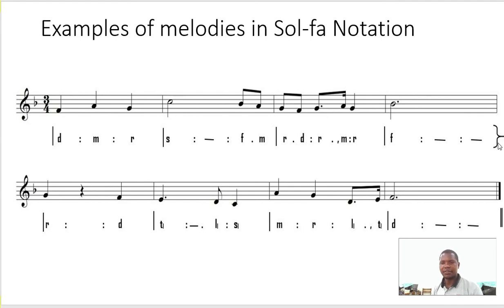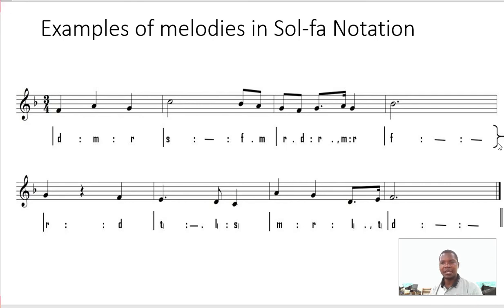Here at the end of the first line, it's a brace. This brace signifies that the music there is to be performed at the same time. The music enclosed in the brace will be performed at the same time. In this case, we only have 1 melody being performed.